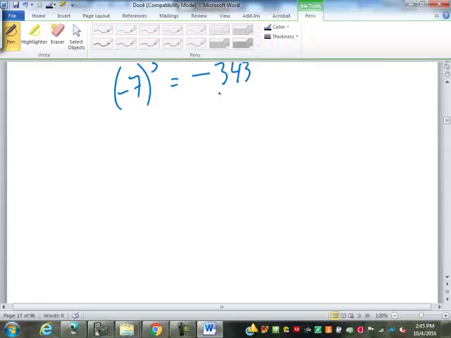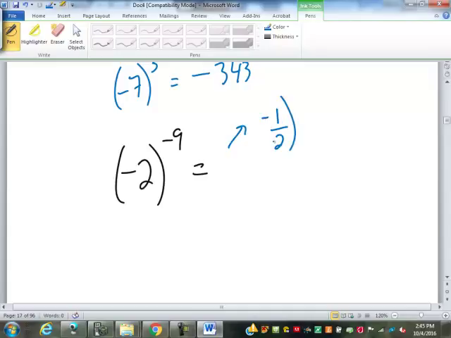So what if I have negative 2 to the power of negative 9? Well, first of all, I can do it in either order. I can do the negative first. So this is now negative 1/2 to the power of 9.